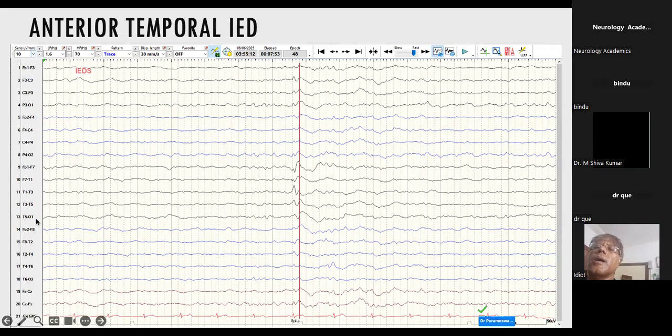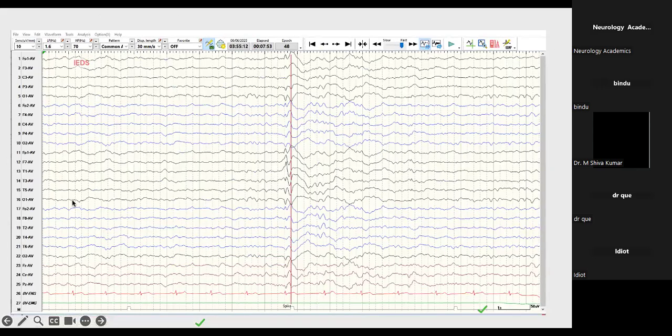Here in this bipolar montage, we can see spike and wave discharges with phase reversal at F7T1, which is an anterior region. This can be confirmed with the corresponding common average, where the maximum voltage or amplitude is seen in T1, which is an anterior temporal spike.